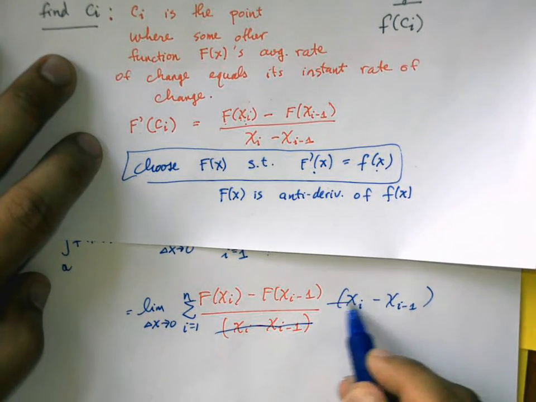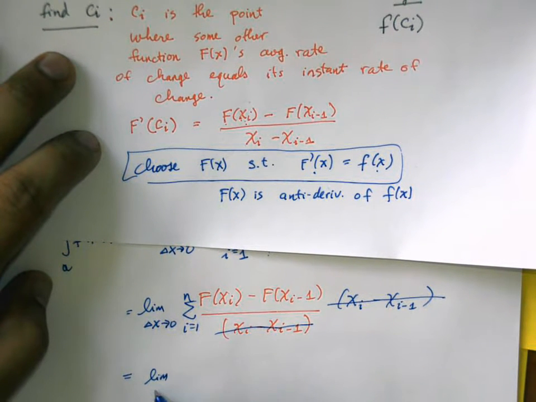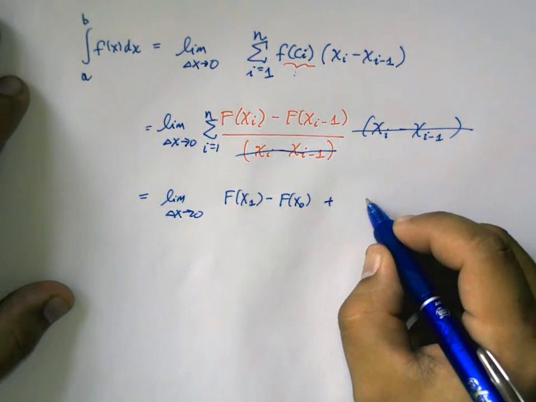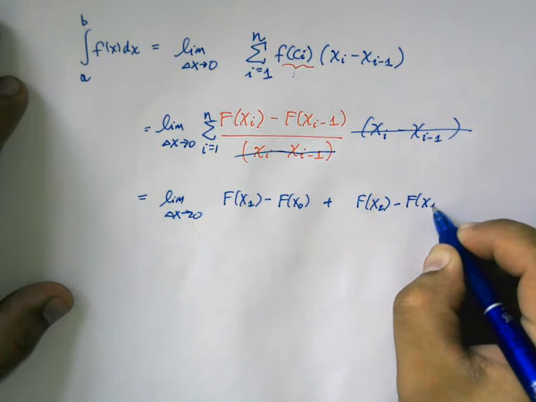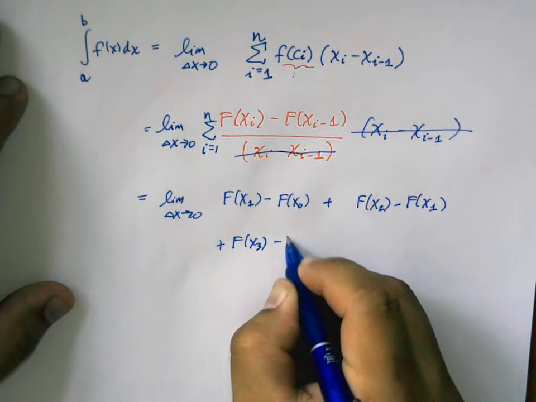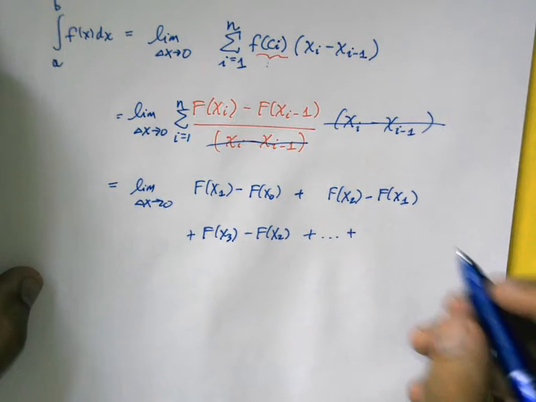And the nice thing is that this goes away and that goes away, and this is equal to the limit as delta x approaches 0. But if we write this out, this is f of x1 minus f of x0. Remember, that's our first term, plus our second term is f of x2 minus f of x1, plus f of x3 minus f of x2, plus ... I'll write out the last terms here.